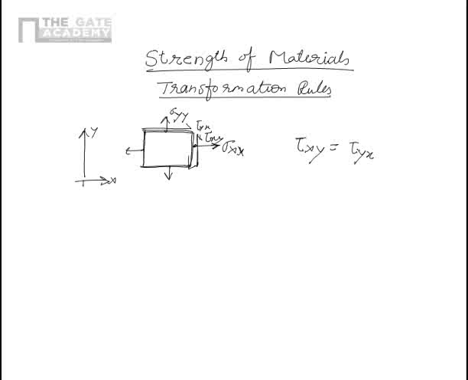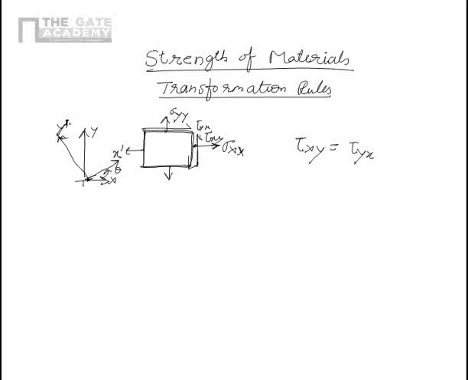Now, obviously, if I rotate my coordinate system by an angle theta, which means my new coordinate system becomes like that, so this is theta. In this case, I should know what the transformation rule is so that I can alter my formula according to the transformed angle.